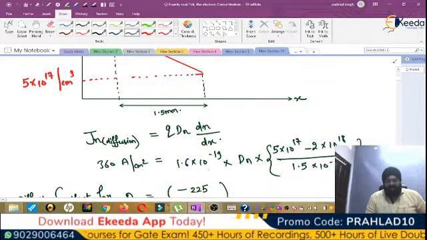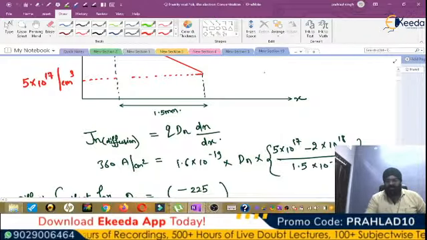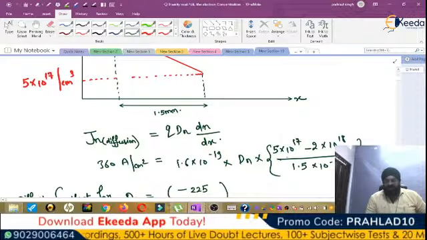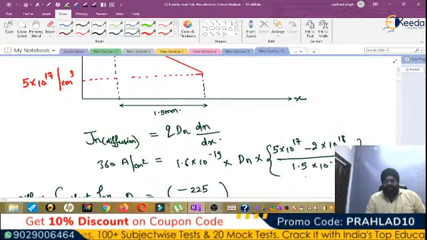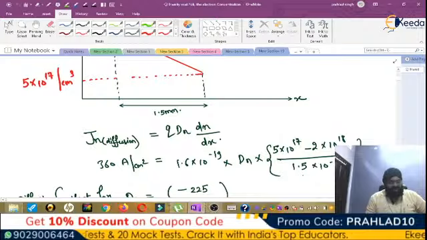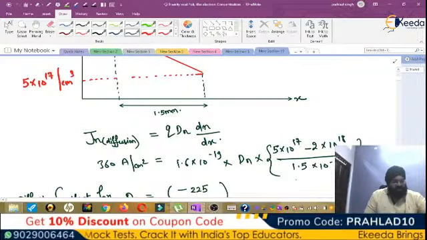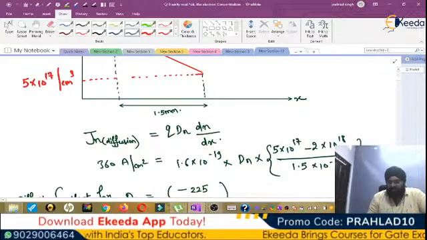Charge is 1.6 into 10 raised to power minus 19, into Dn, the diffusion constant, and dn over dx is given by 5 into 10 to the power 17 minus 2 into 10 to the power 18, divided by the distance of 1.5 millimeter. So we'll convert into centimeter, so it is 1.5 into 10 to the power minus 1.